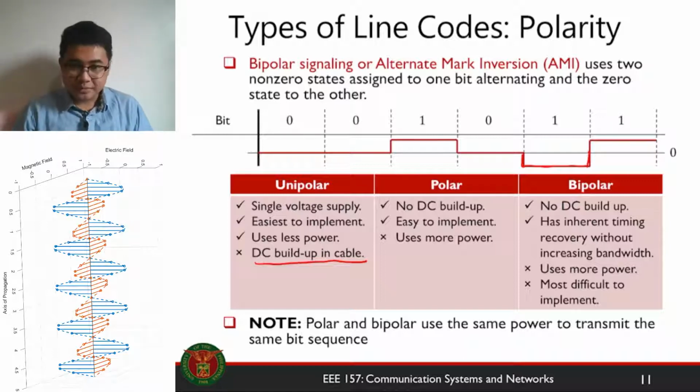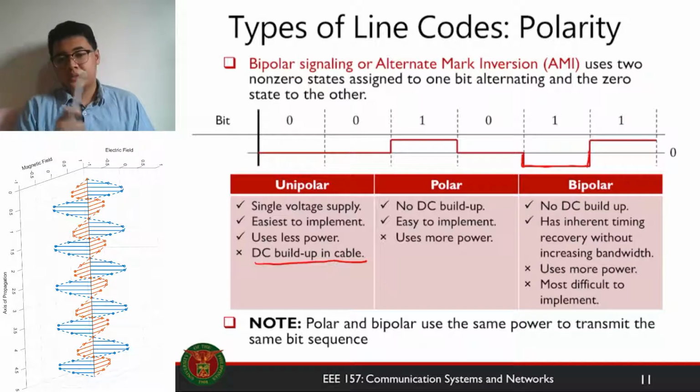For a polar line code, the difference from unipolar is that there is no DC buildup. But it uses more power compared to unipolar because a polar line code is always turned on. It's also easy to implement.